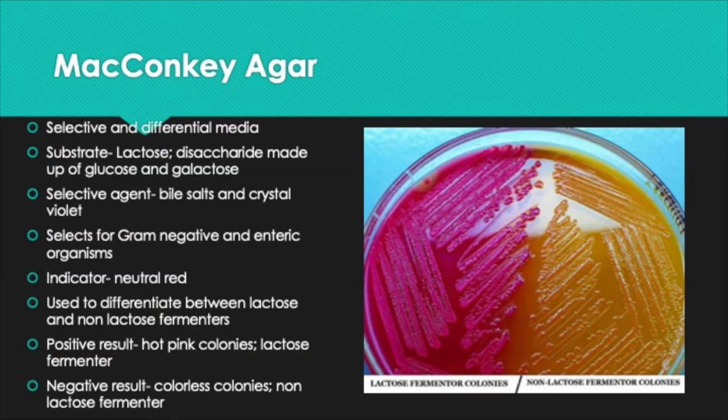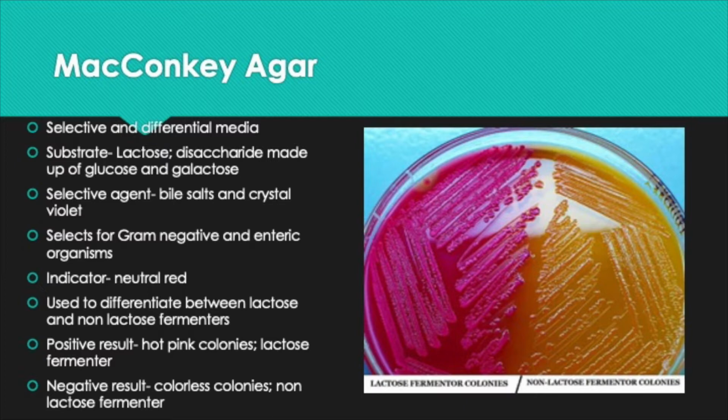The first one that we're going to go over is MacConkey. MAC stands for MacConkey agar. The substrate in this media is lactose, so it's a sugar. Lactose is a disaccharide. The selective agents are bile salts and crystal violet. The CV stands for crystal violet, so that's the selective agent. Let's talk about that part of the media.